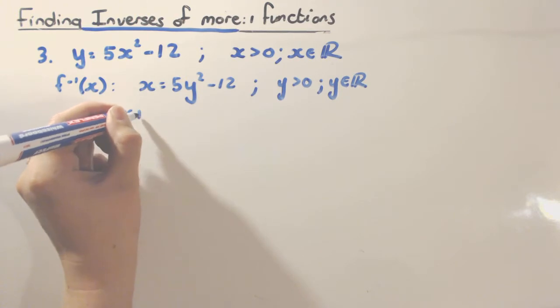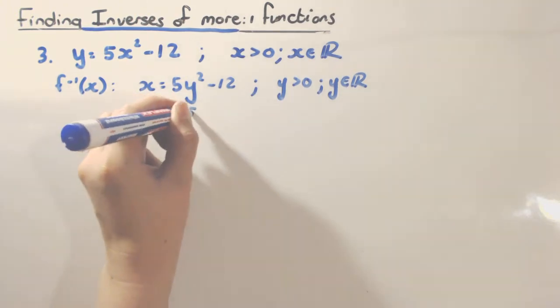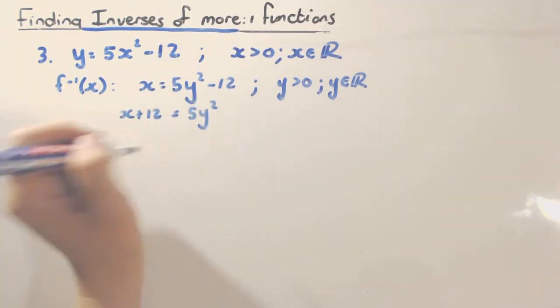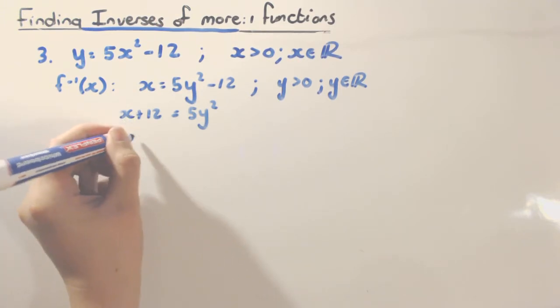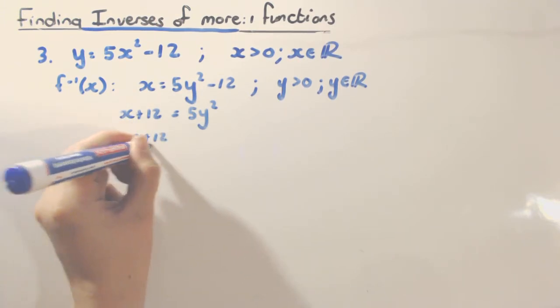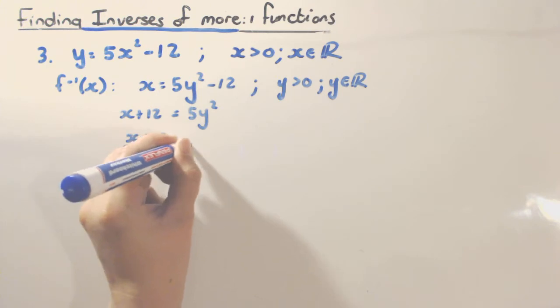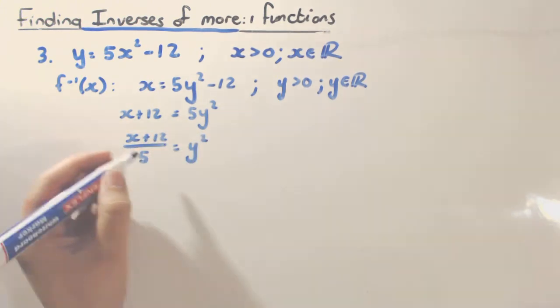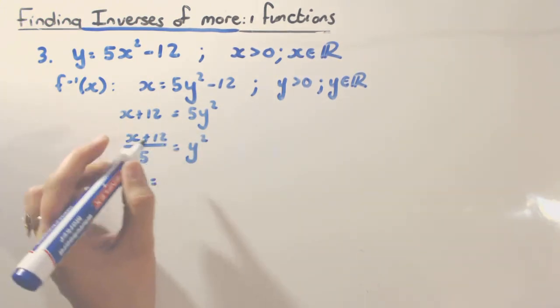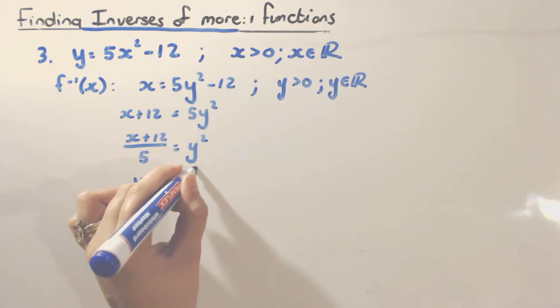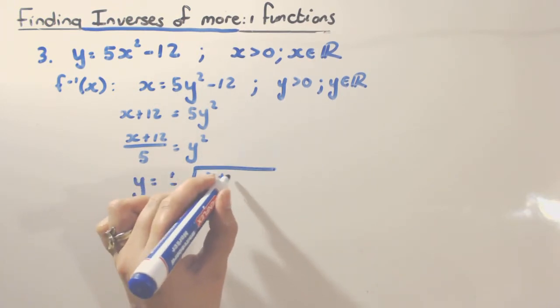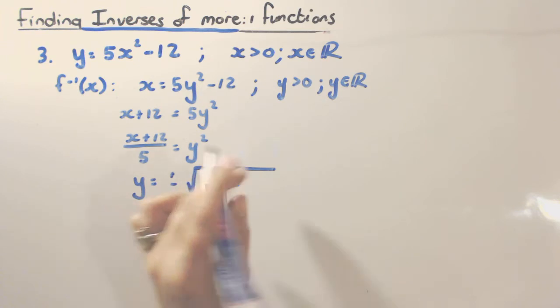So I've got x plus 12 is 5y squared. So I divide by 5 both sides. So I've got x plus 12 over 5 is y squared. And then y is just the positive or negative root of x plus 12 over 5.